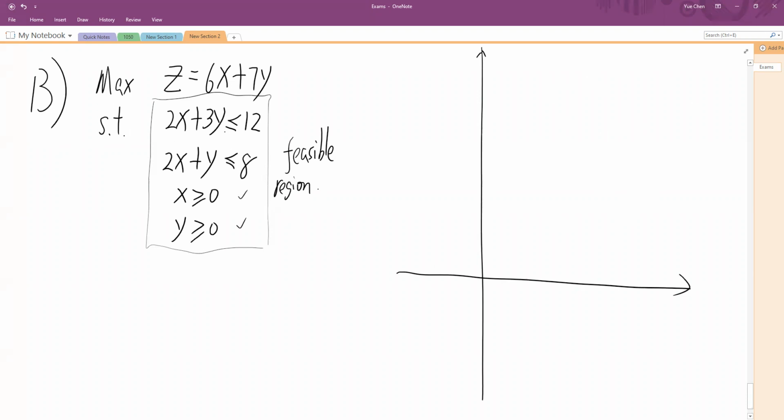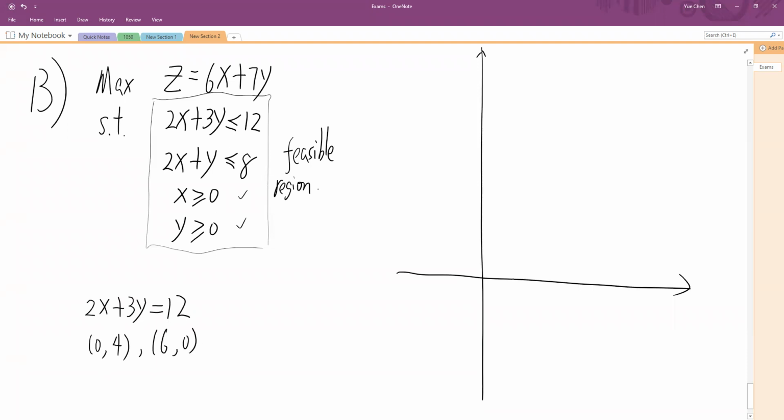Then let's look at 2x plus 3y less than or equal to 12, right? So let's look at the boundary, equals 12. So we choose x equals 0, y equals 4, right? (0, 4), and y equals 0, x equals 6, right?